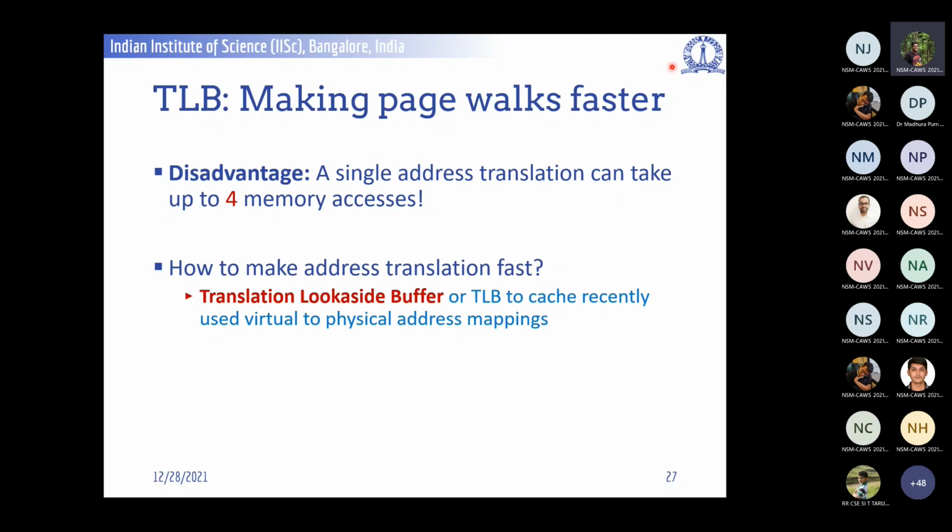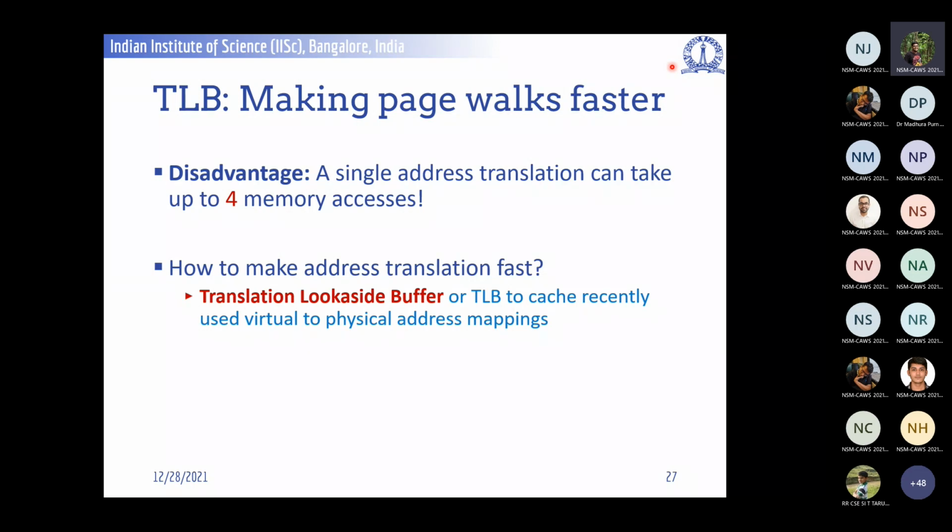Here you often find that the same addresses, or addresses in the same page, are accessed again and again. So why not take advantage of it? That's where the TLB comes in. Given a virtual page number, the TLB contains the physical page frame number, in a kind of special cache that contains only the virtual to physical address mapping.